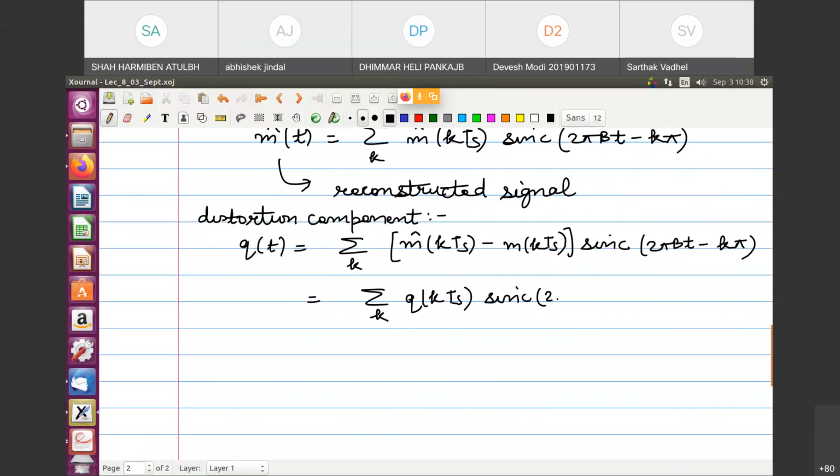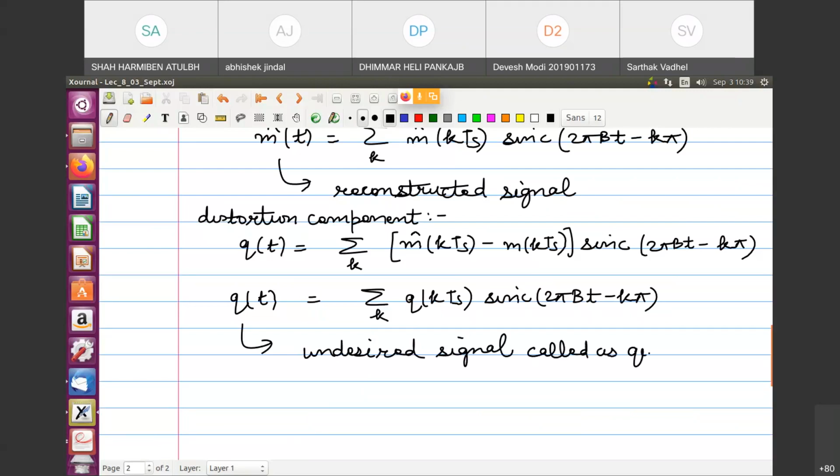So basically now we have constructed the error signal. This is the error or the distortion. So q of t is nothing but this. This is called the undesired signal, called quantization noise. This is the quantization noise which is now being induced by us in the system.